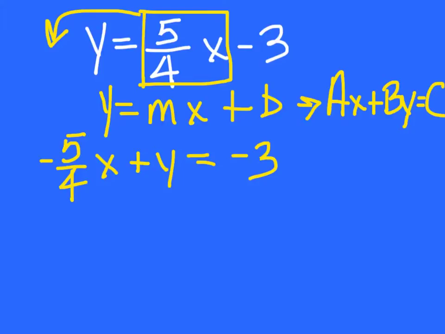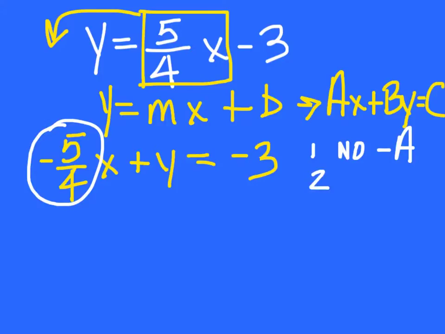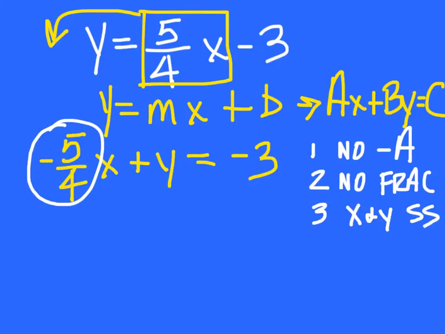Okay, now remember the 3 rules that we have. 1, you can have no negative a. And remember the a term is right next to the x, and that's after you move it to the left. This is the a term. Cannot have a negative a. You cannot have fractions. And x and y must be on the same side.